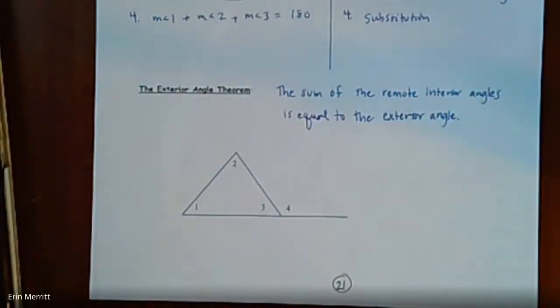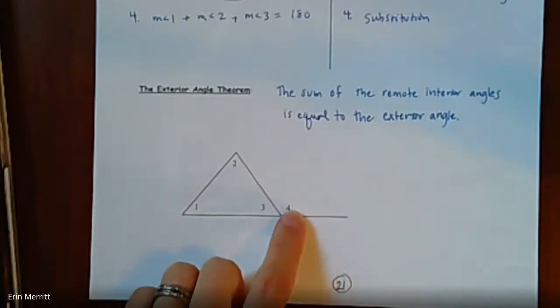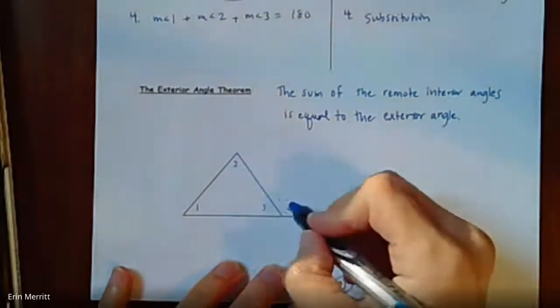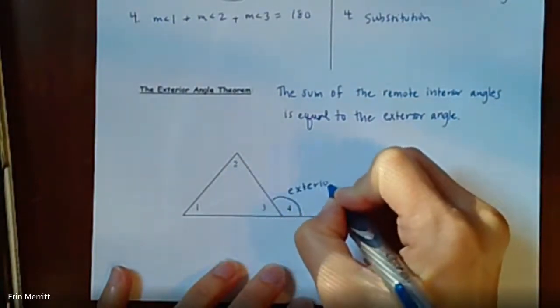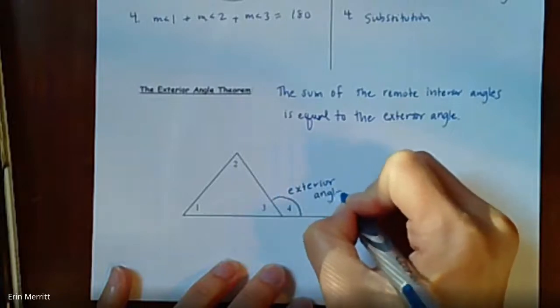All right, let's think about what that means. First of all, remote interior angles. Here's the exterior angle. When we say exterior, we mean on the outside. So let's show where that is. So that's angle 4 in this picture. This would be the angle on the outside or the exterior angle.